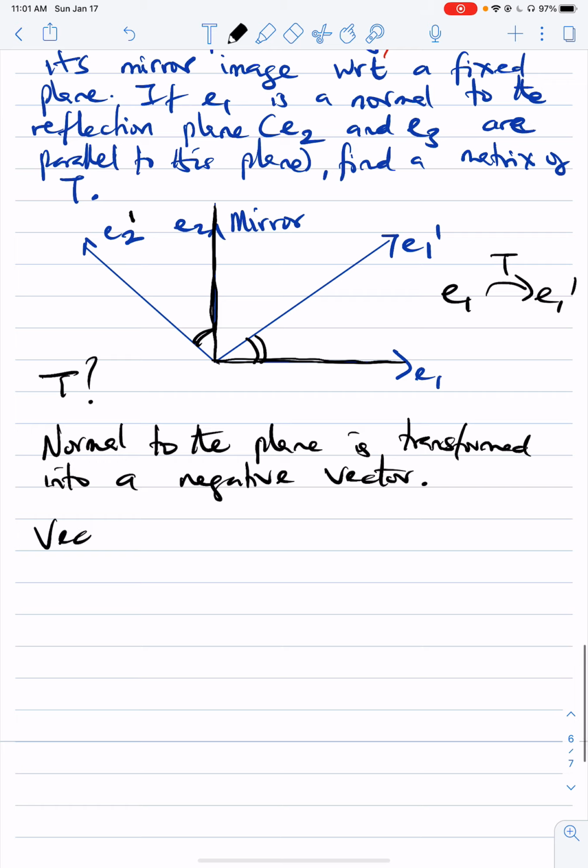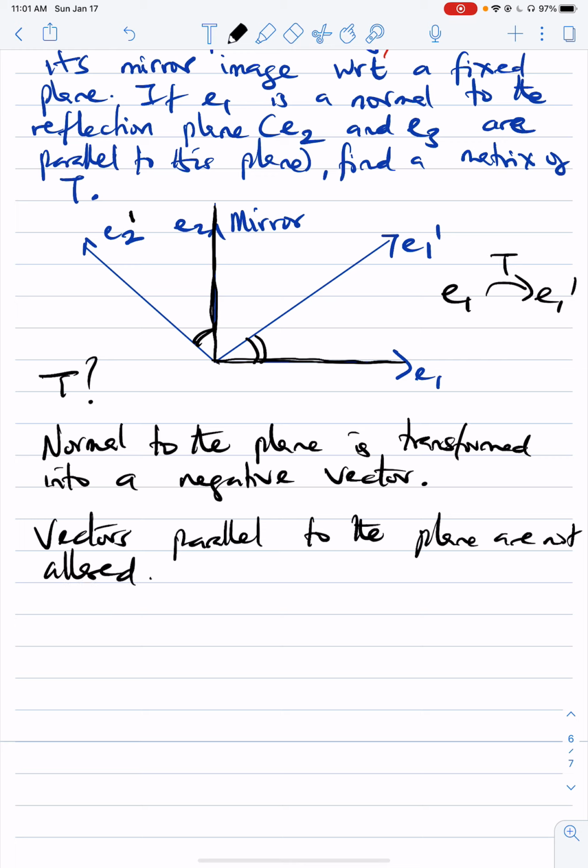But the vectors parallel to the plane are not changed or altered. Does that make sense? So look at this T. Since this E1 is normal to this plane, it's perpendicular to this plane, it becomes negative E1.